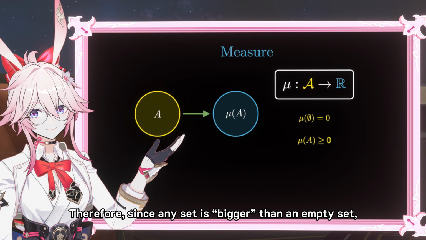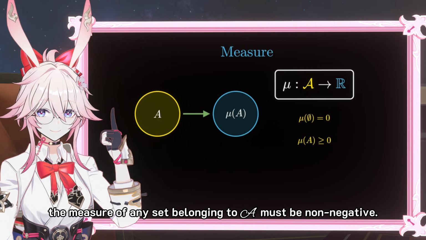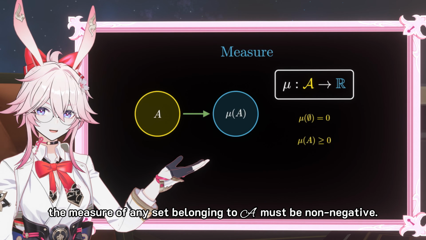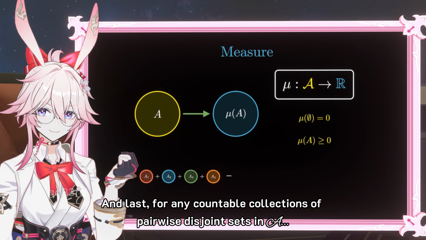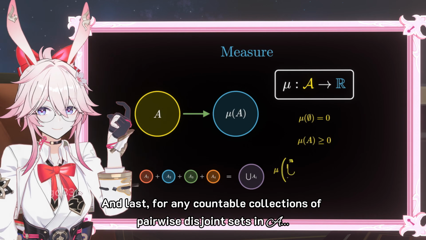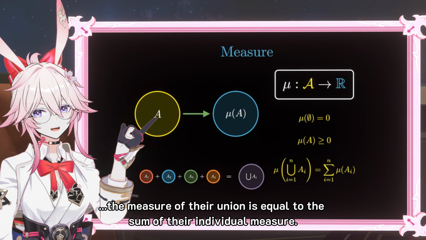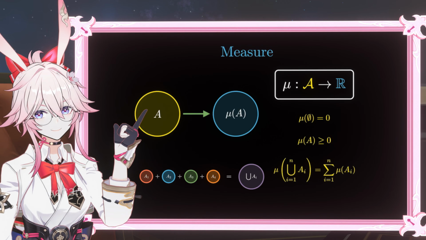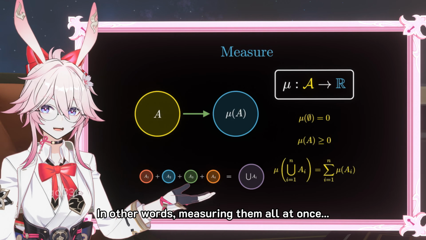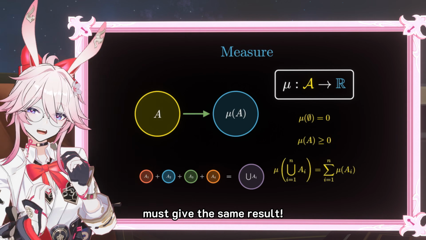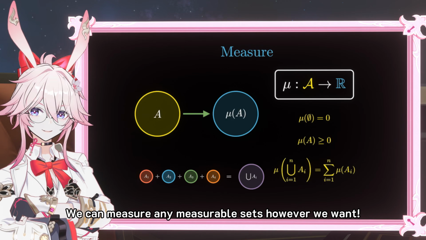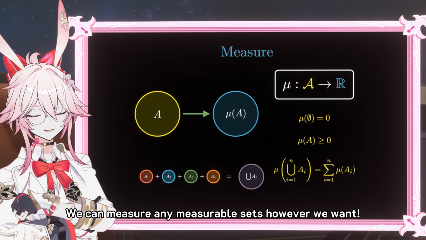Therefore, since any set is bigger than an empty set, the measure of any set belonging to A must be non-negative. And last, for any countable collection of pairwise disjoint sets in A, the measure of their union is equal to the sum of their individual measures. In other words, measuring them all at once, or one by one then adding them together, must give the same result.